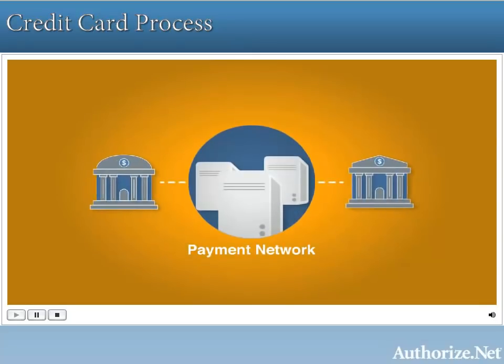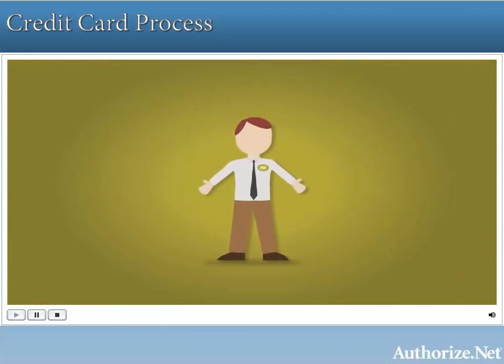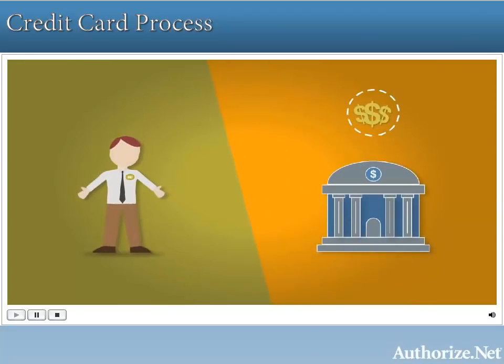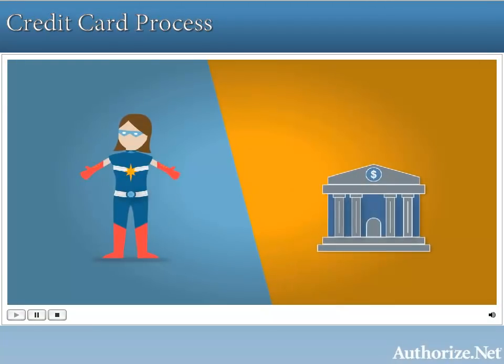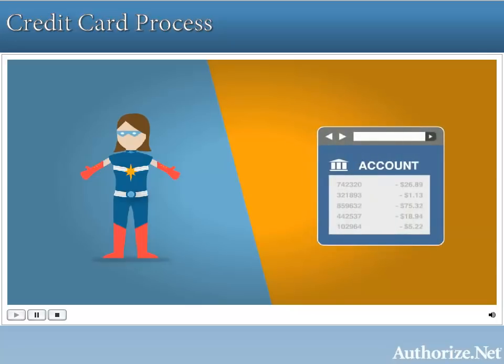The payment network then handles the settlement. Once settlement is complete, the buyer's money is transferred to the merchant's bank account. Meanwhile, the customer's bank posts a charge on the customer's account. The transaction is now complete, and the purchase will show up on the customer's credit card statement.